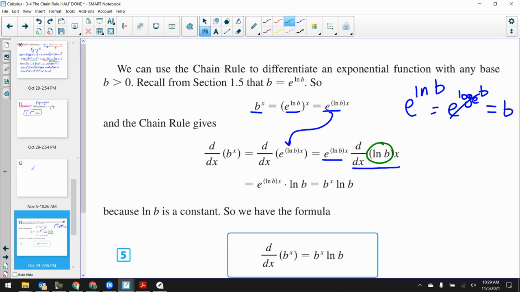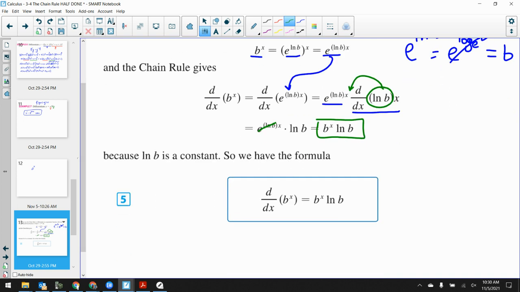Since it's a constant, I can move it to the outside. I can say it's e to the ln of b x times ln of b times the derivative of x. What is the derivative of x? 1. So it ends up being 1 times ln of b. And that'll cancel again: b to the x ln of b.